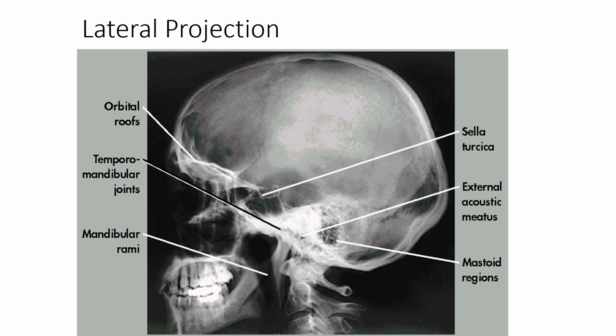Okay, if you see where it says the orbital roofs, the cranial floor, if that is not superimposed well, usually that's a tipping of the head side to side versus rotating the head side to side. So tipping the head in the mid-sagittal plane, the upper mid-sagittal plane is closer to the image receptor than the lower mid-sagittal plane.